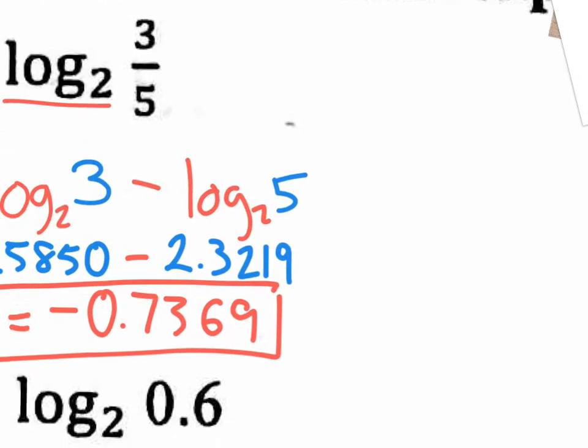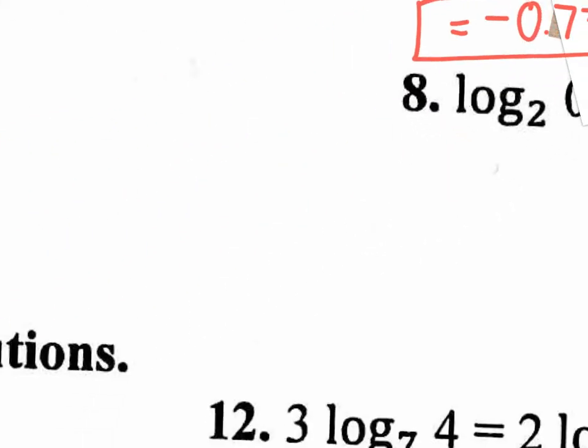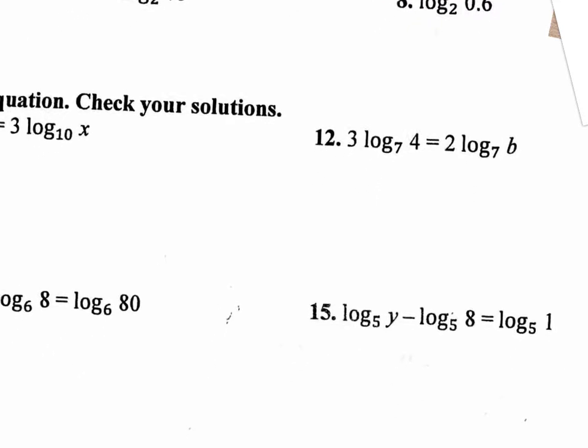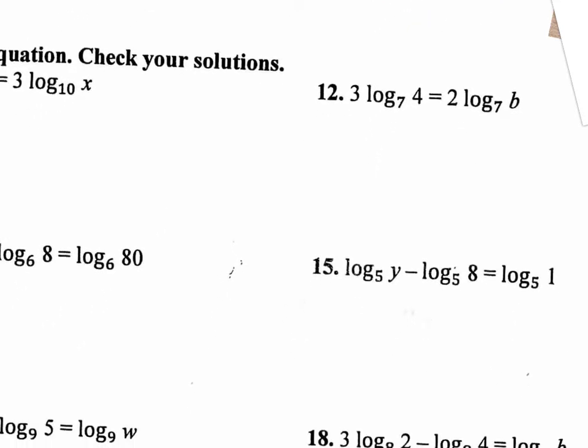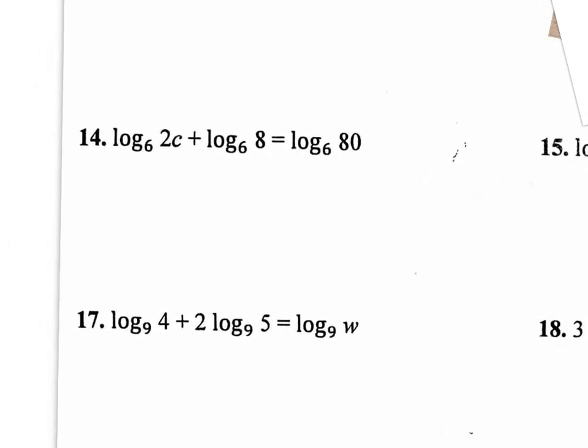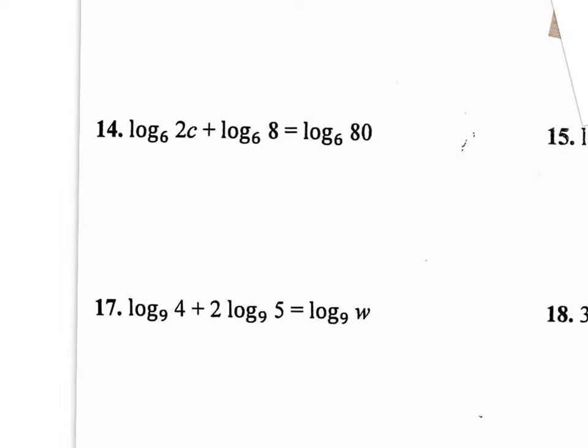So let's move on to something more fun, which is the next section, which is solving equations. Now, we've solved equations before, but this time it's going to be a little different, right? Like, for example, last week we had logarithm equations where we simply raised both sides to be the power of base 6.